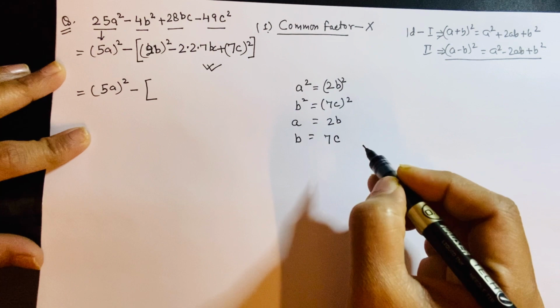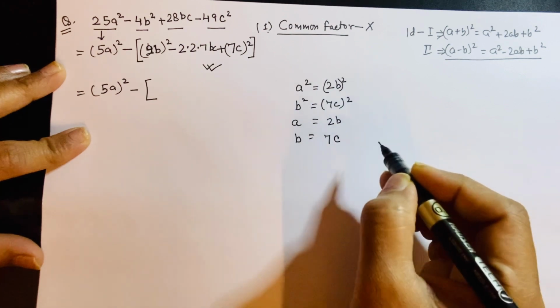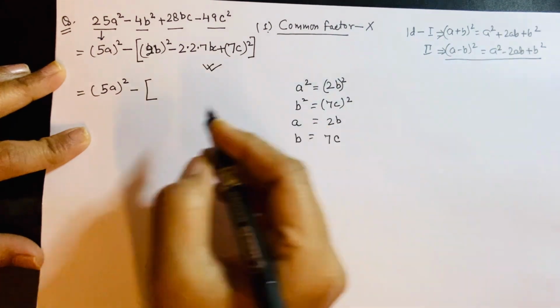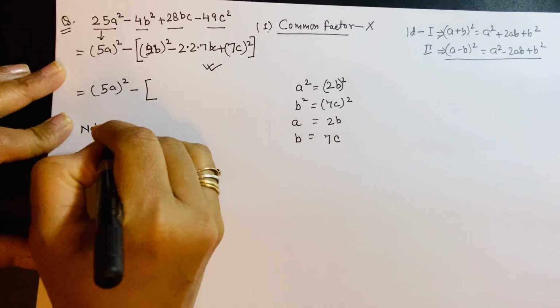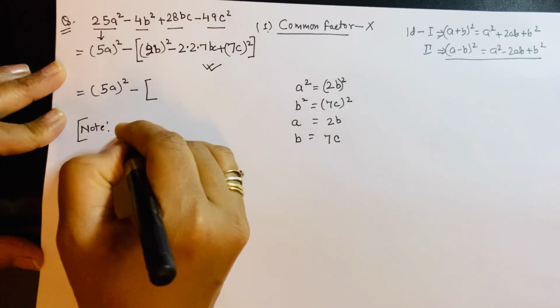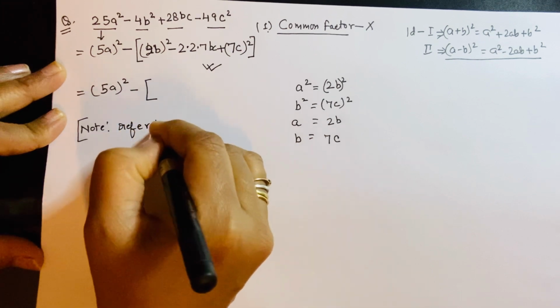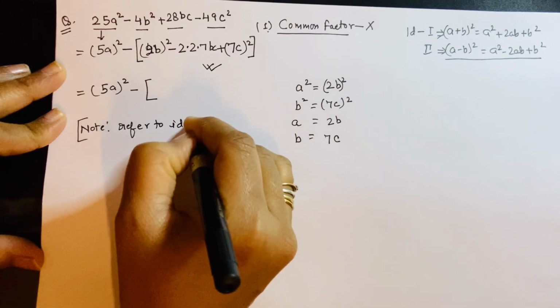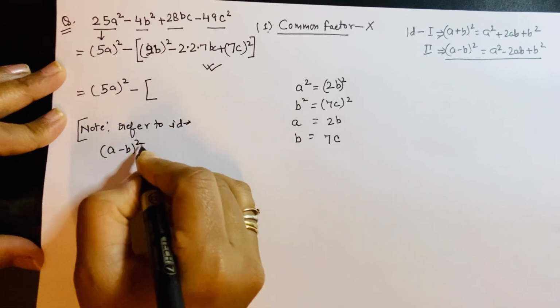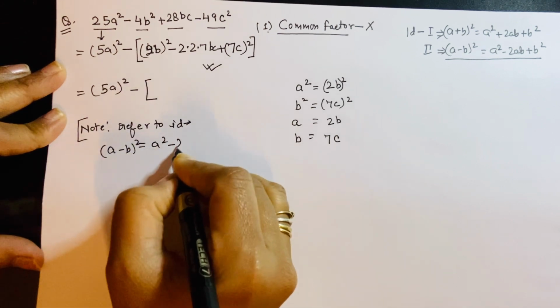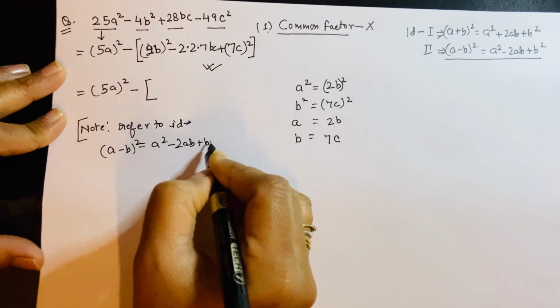Now based on this, referring to this identity, maybe you can write it in a note, that refer to ID where a minus b whole square is equal to a square minus 2ab plus b square.